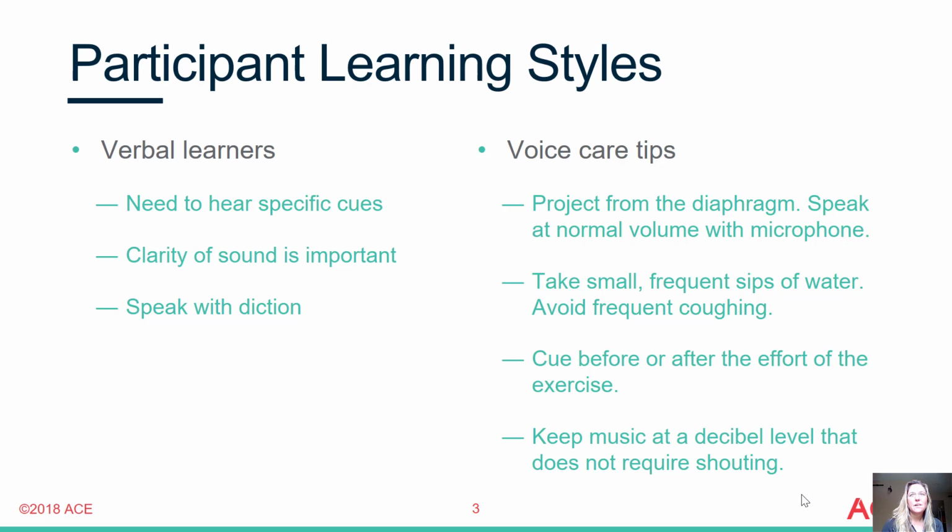We have clarity when we speak with diction, we are specific, we are loud, they can hear us, and they can understand what we're saying. So the people who are verbal, they really need us to talk. They need to hear how we want them to perform the exercise.